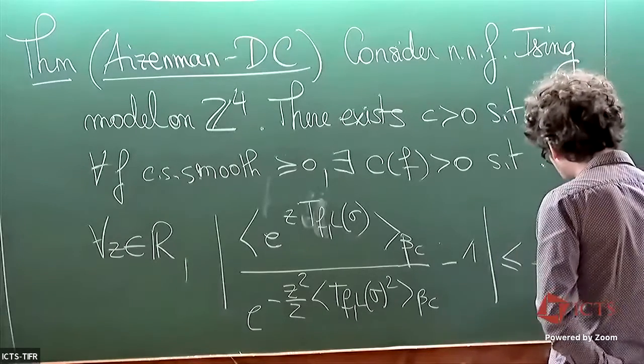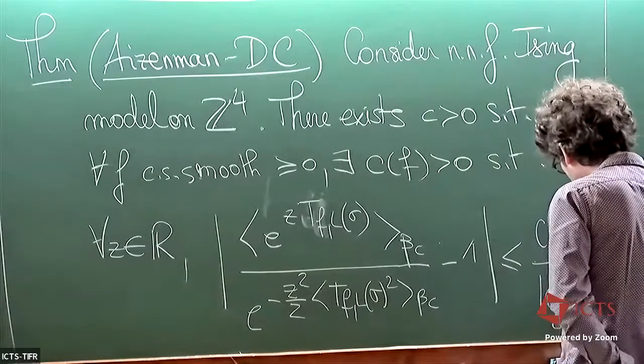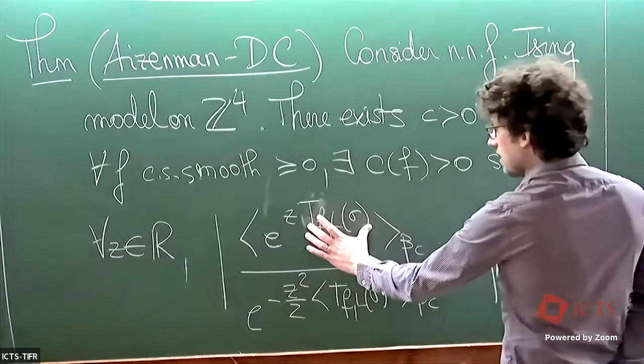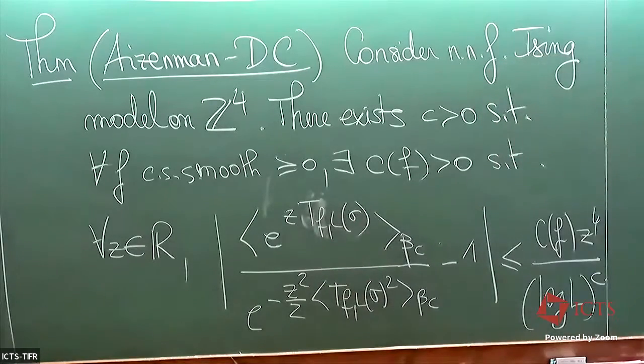But the important thing is that I get (log L) to the power minus c. So it's small, and it's polynomially small in log, rather algebraically small. C is actually tiny, and in reality C is smaller than 1. So that is measuring quantitatively how close this quantity is to a normal random variable.